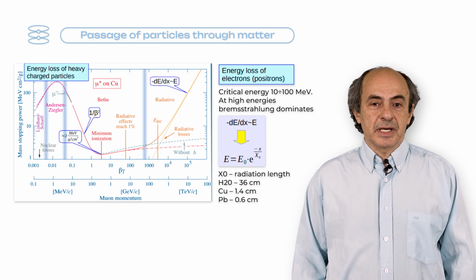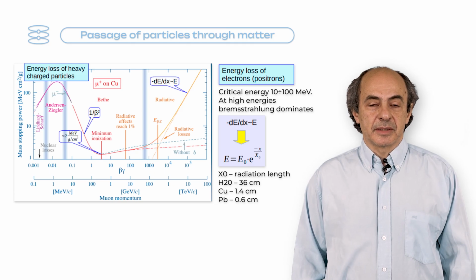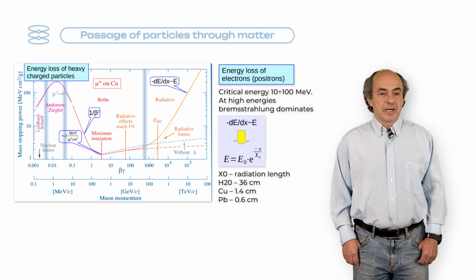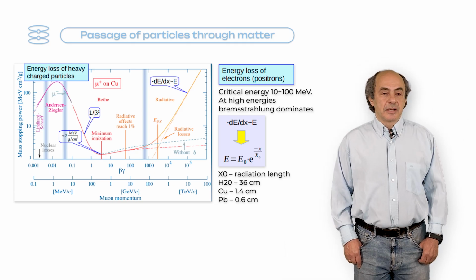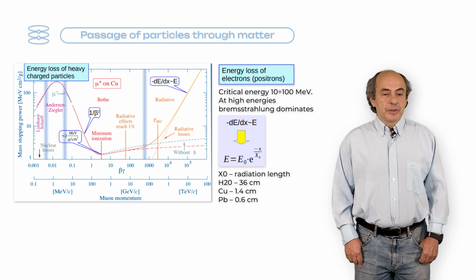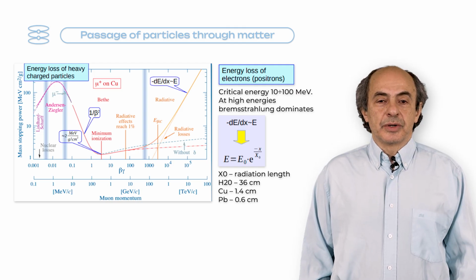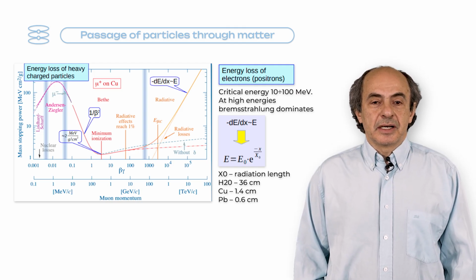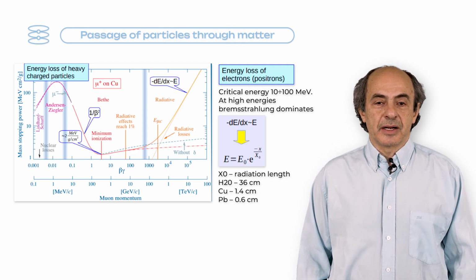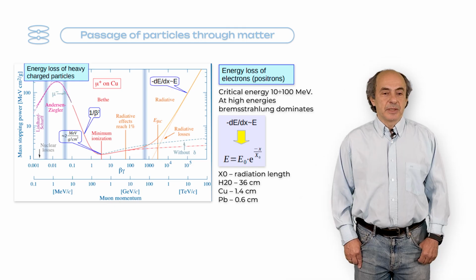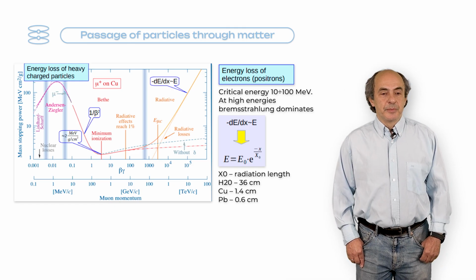Let's first discuss a bit what happens when a particle enters matter. We will start with a heavy charged particle, and a classical example is the muon. When the muon has comparatively low energy, the energy loss due to ionization and excitation of the atoms and molecules of the matter is very large and approximately proportional to 1 over beta squared.